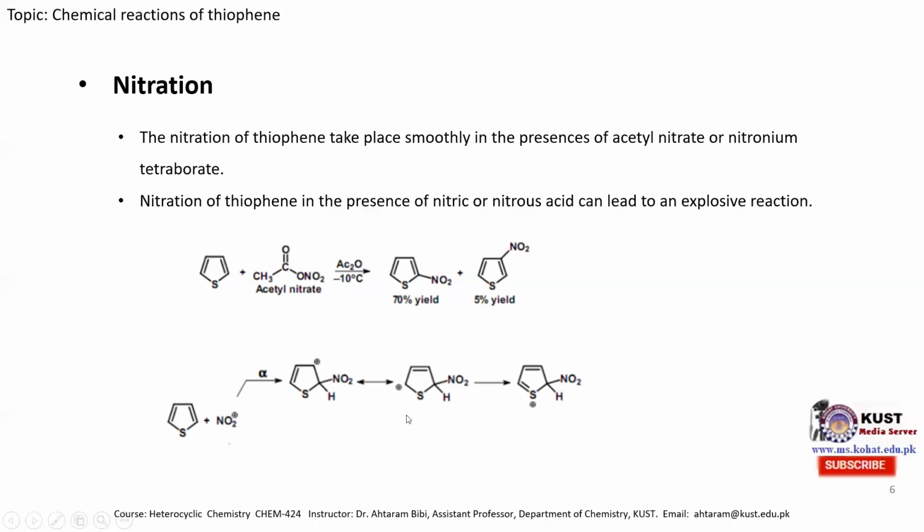So 3 resonating intermediates are formed, while when it is substituted at its beta position, only 2 resonating forms are produced. Therefore, the nitration generally takes place at the alpha position. So the electrophilic substitution reaction, nitration, takes place at the alpha position, and a high yield is produced when the nitration takes place there.